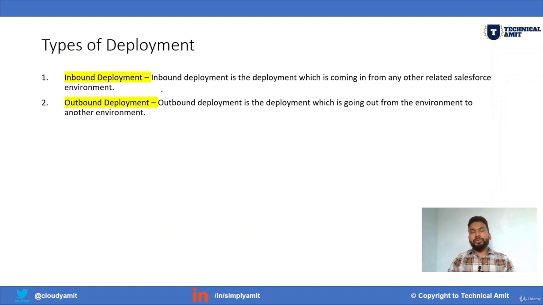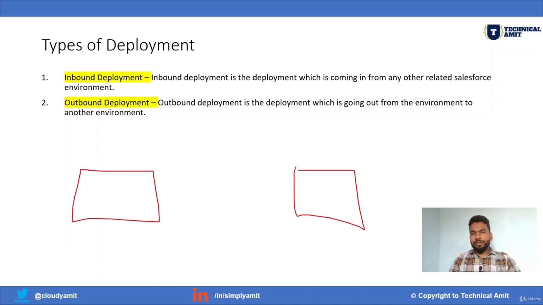Now let's talk about the different types of deployments. There are mainly two types of deployment: one is inbound deployment, and one is outbound deployment. Inbound deployment is the deployment where metadata is coming inside a Salesforce environment from a different Salesforce environment which is related. For example, let me take an example over here.